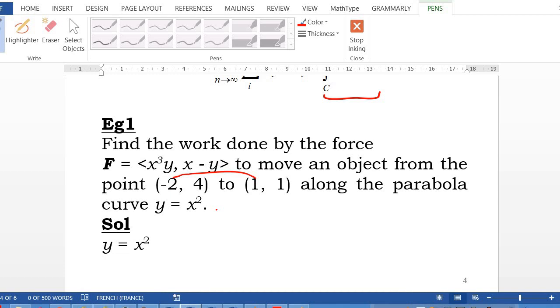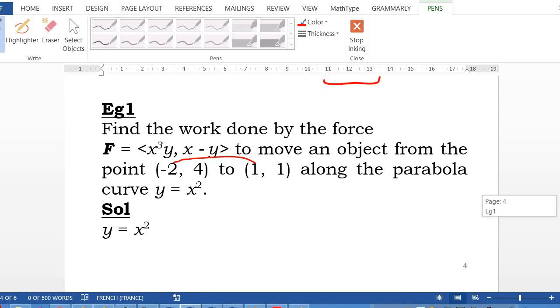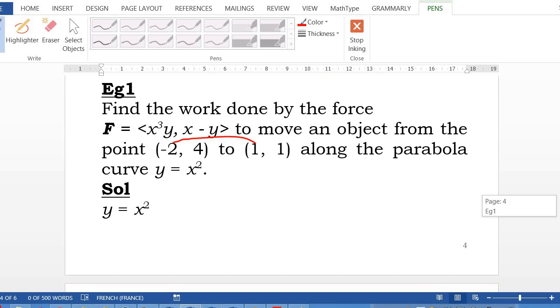Here they give the force F, moving an object from the point negative 2, 4 to 1, 1 along the parabola y equals x squared. Then you need to specify your own parametric equations or the vector r(t).